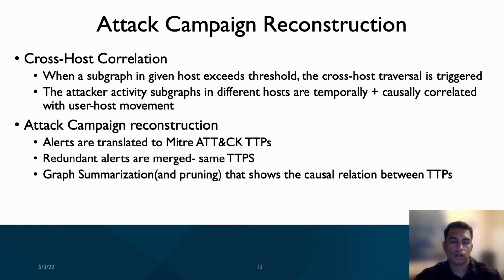If multiple alerts are produced by the same rule, or if multiple alerts are produced involving the same agent or the same object, then we merge all of them together into a single node in the tactical graph. And then we perform some graph summarization and pruning to maintain only the necessary edges in the graph.